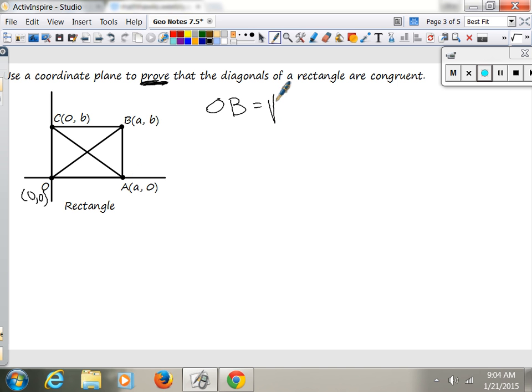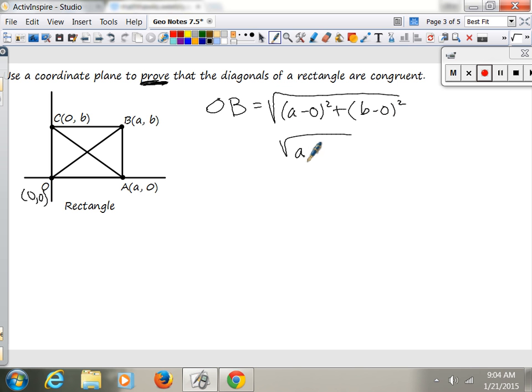But when you have two coordinates, the distance formula is pretty easy, because you can get the a and the b just by subtracting. So a minus 0 squared, that would be my x minus my x. Then I have my y value minus my y value, which is b minus 0 squared.